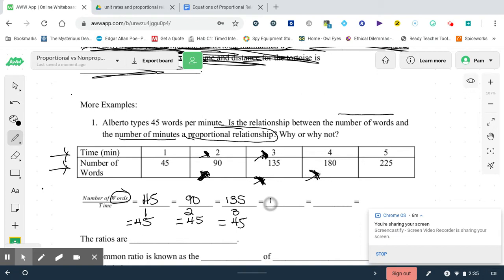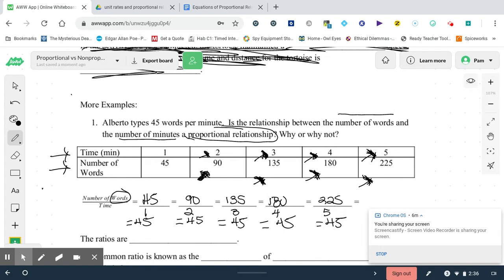You can type 180 words in 4 minutes. 180 divided by 4 is also 45. Okay, last one. We've got to check all of them. You just can't check a few and say, oh, it's proportional. That's 225 words typed in 5 minutes. Well, that equates to also 45.